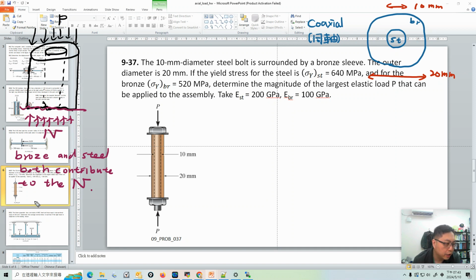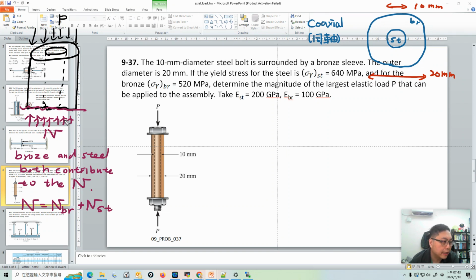That means the normal force has two parts: the bronze part, use BR, contributes a normal force, and the steel part also contributes a normal force. That's the first important thing.